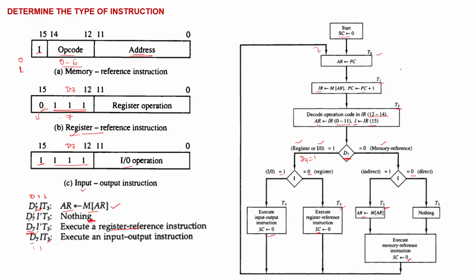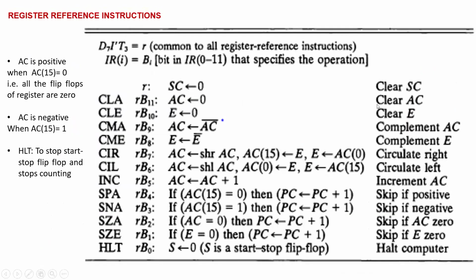So here what we are seeing, it went through the time cycles T0, T1, T2, T3. Here execution takes place. Again the sequence counter is set to clear, and it has to start with the time cycle T0. Like this, it will go, and the sequence counter can go up to the time cycle 15, 0 to 15.